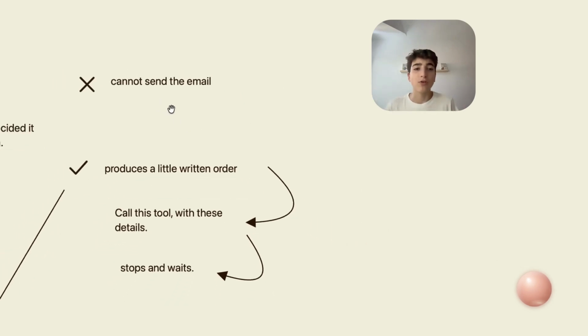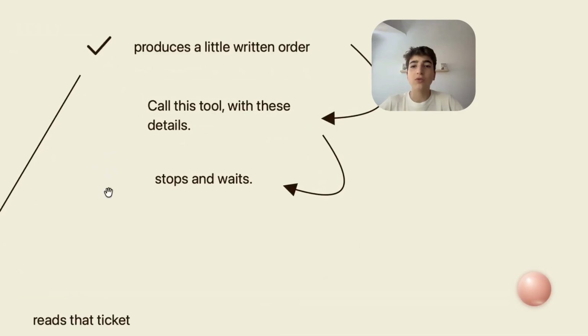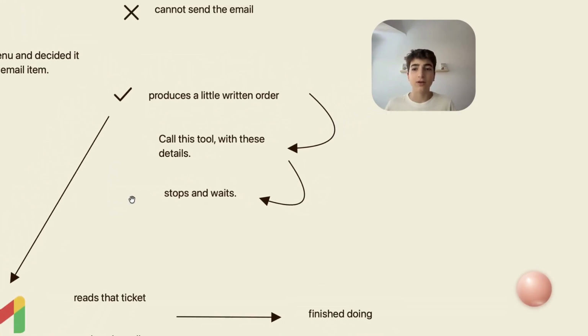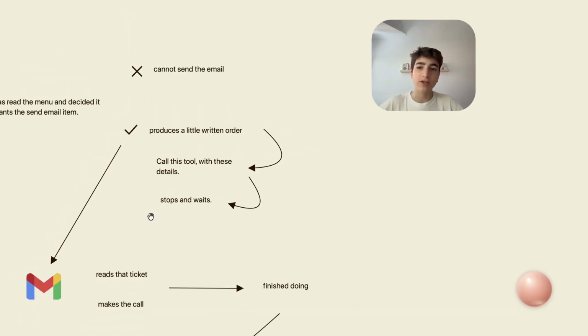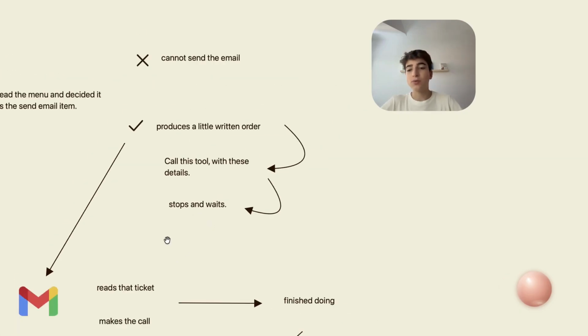It can only produce text, as we said at the beginning. So how do we do it? It can produce a little written order. It calls the tool with these details, and it stops and waits. It calls the Gmail tool with the fields it got from the menu, sends to Gmail what it wants done, and stops and waits.